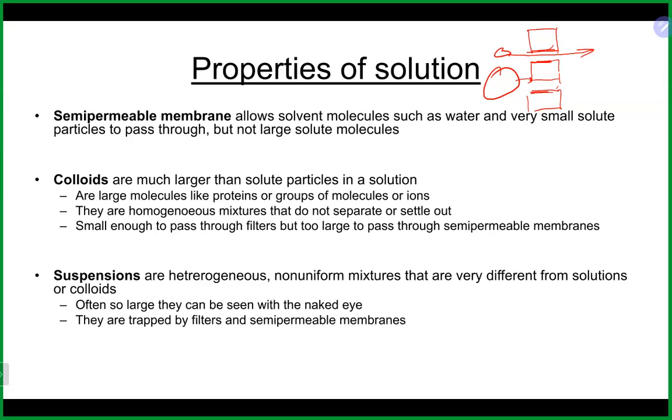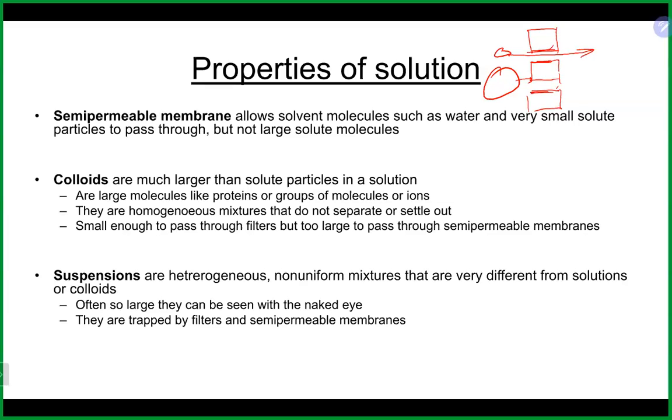Now, when we talk about colloids, colloids are much larger than solute particles in solution. They are large molecules like proteins, groups of molecules or ions that are together. They are a homogeneous mixture, and homogeneous means it basically looks the same throughout. So a colloid should look the same throughout.